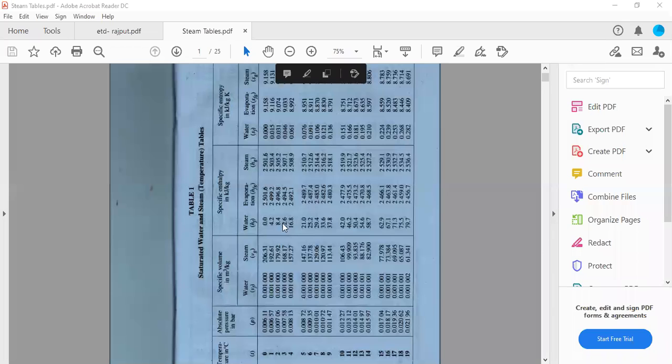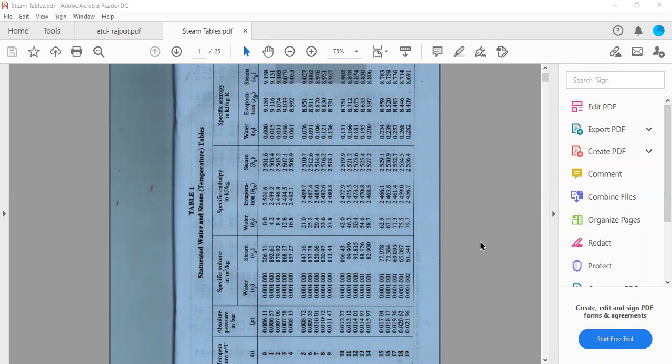See, this is the steam table. See, superheated water. Is it visible to you? Yes, sir, visible, sir. Now see here: temperature, absolute pressure, and in this way the pressure is increased. At the given pressure and given temperature, see here, specific volume, specific enthalpy given, and this is of course for saturated water.